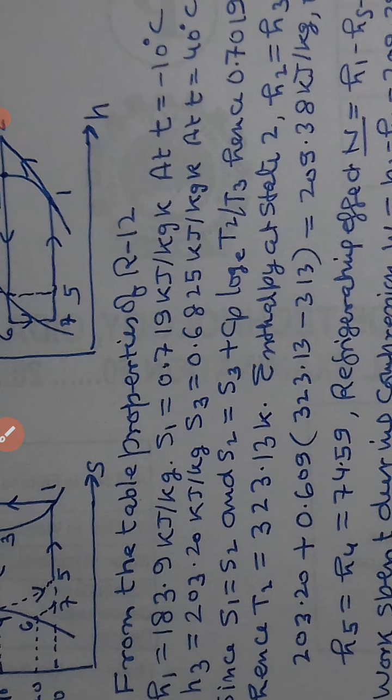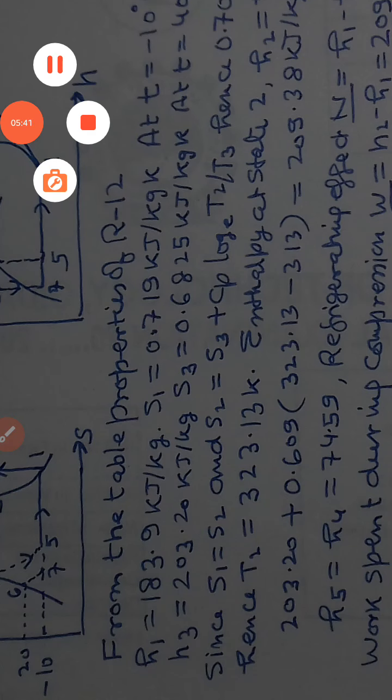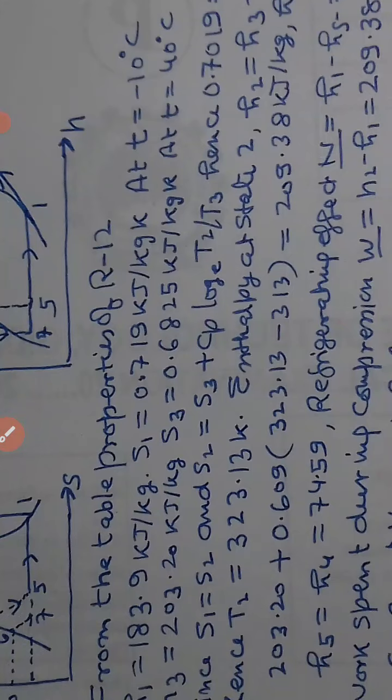Now we shall consult the table of Freon 12 first. So H1 from the table of Freon 12 is 183.9 kJ per kg. These values are available on the chart.